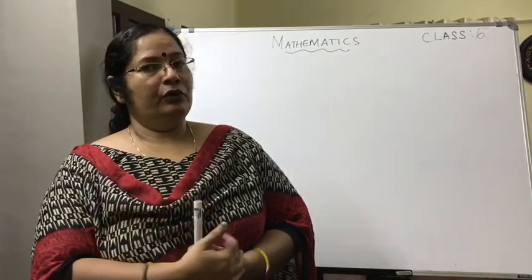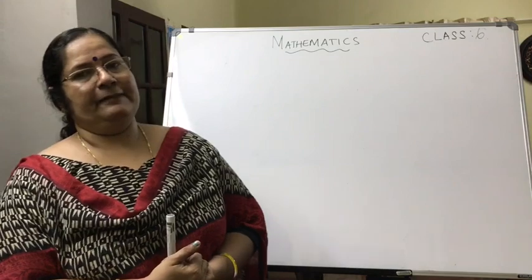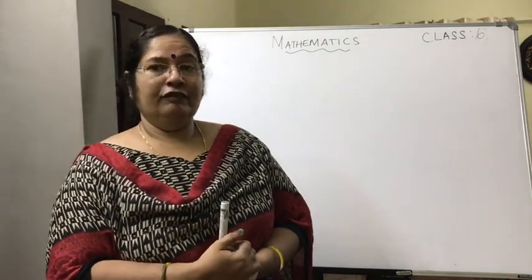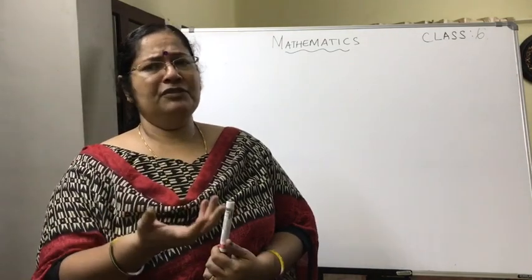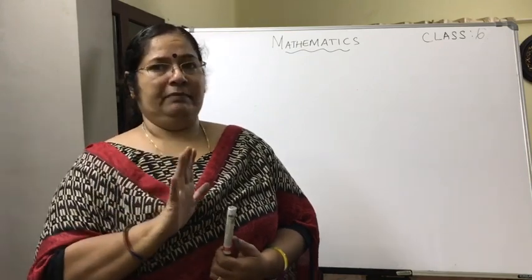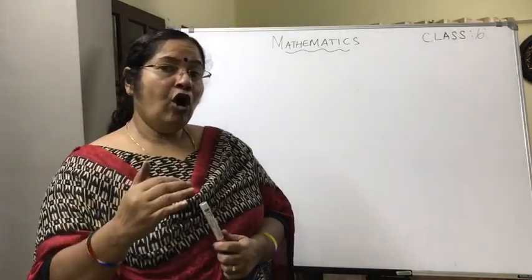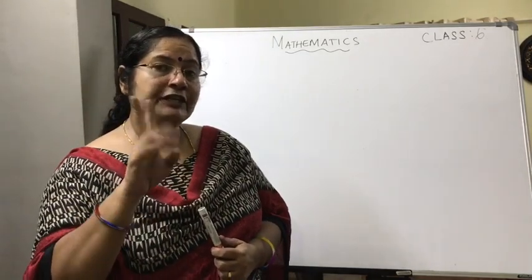The next topic you are going to learn is something related to factors and multiples. You have learned how to find the factors of given numbers. Now supposing you are given two numbers, you are going to find the common factors of these two numbers.